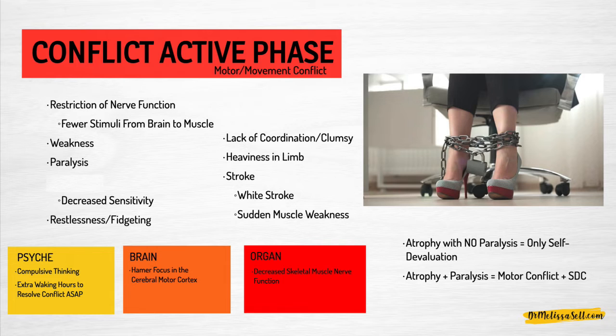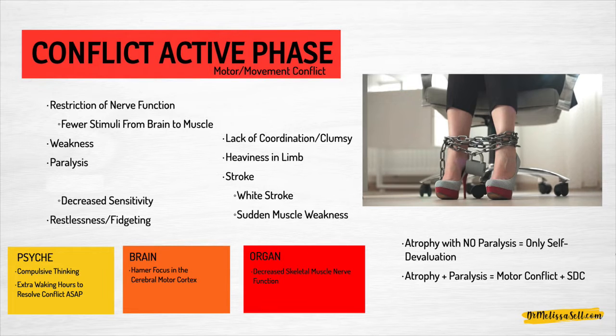At the brain level, there is a Hammer focus in the cerebral motor cortex, and what's happening on the organ level is a decrease in skeletal muscle nerve function. So fewer stimuli going from the brain to the muscle, resulting in weakness, paralysis, decreased sensitivity, restlessness, fidgeting, lack of coordination, feeling clumsy, heaviness in the limb, sudden muscle weakness. This is also sometimes considered a white stroke, when you just suddenly lose function or lose control of a muscle group.